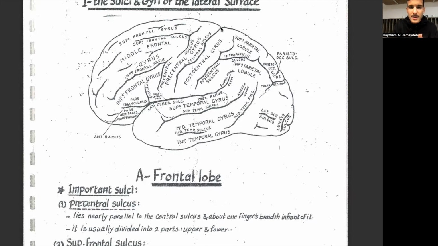So this is the central sulcus. Posterior, like pre to that. Before I reach it from the frontal part, I'm going to have the precentral gyrus. And before the precentral gyrus, I'll have the precentral sulcus, of course. So precentral sulcus, precentral gyrus, central sulcus.